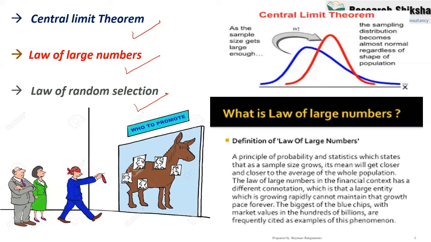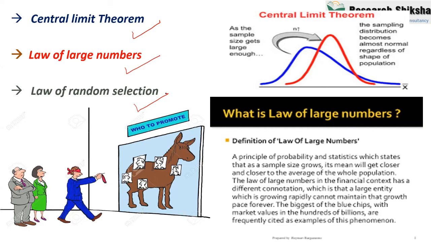Now we have the second law, the law of large numbers. The law of large numbers says that when you increase the sample size, the accuracy of the results will increase. So you get better results with a large sample, and you get variation or inaccurate results when the sample size is small.